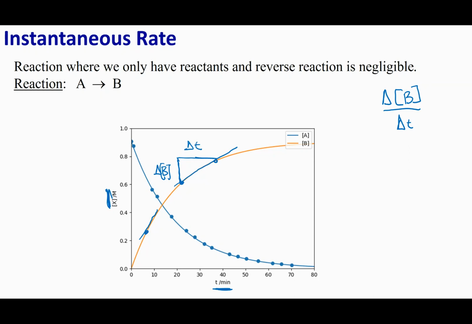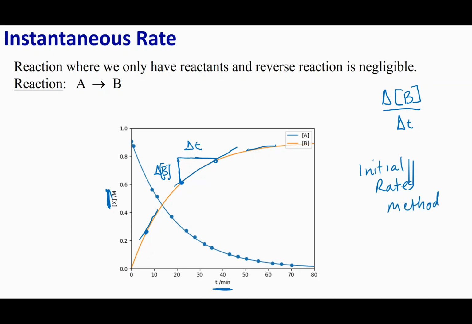And now this is going to be really important because if you guys take a look, all the lines that I draw tangential to that curve, well, they change over time. So what I'm going to do is run an experiment called the initial rates method. Now, the initial rates method means that I'm going to go ahead and run a series of experiments that is going to help me determine this out for you guys.